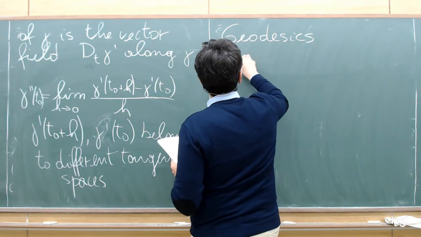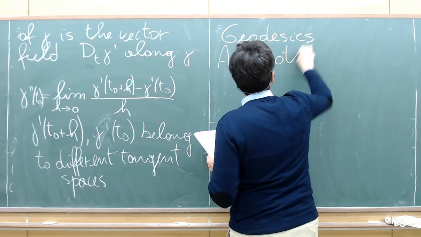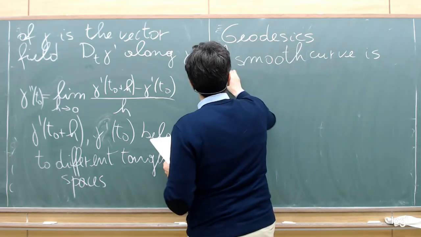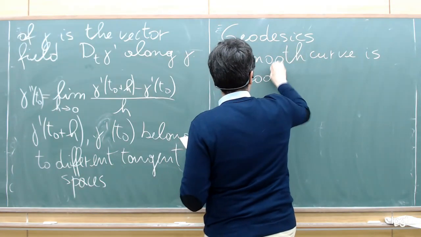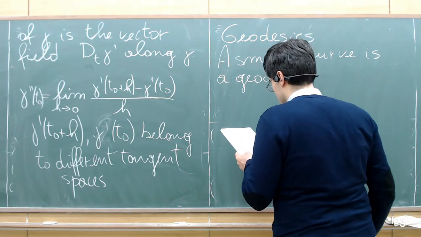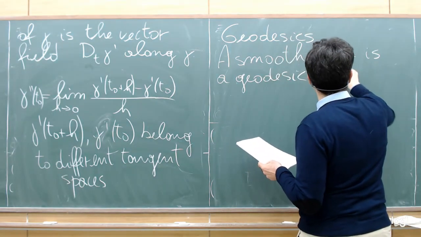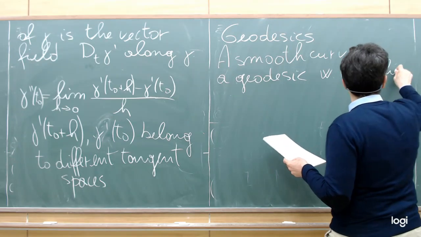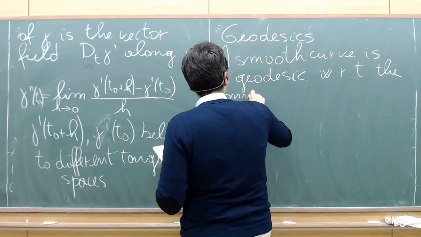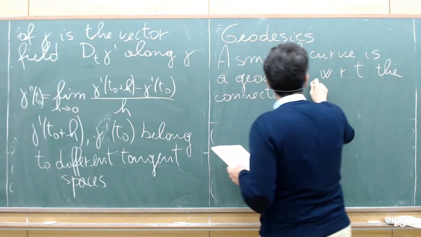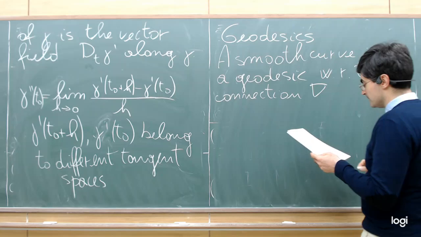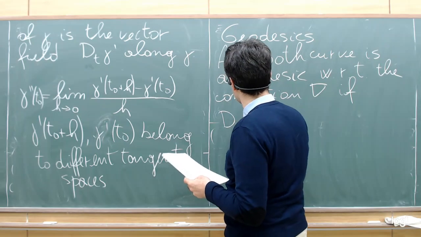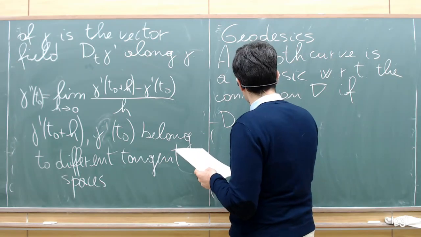A smooth curve is a geodesic with respect to the connection nabla if the acceleration is equal to 0.